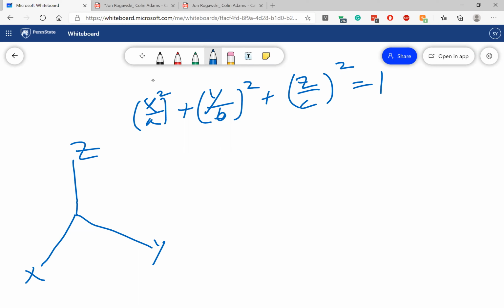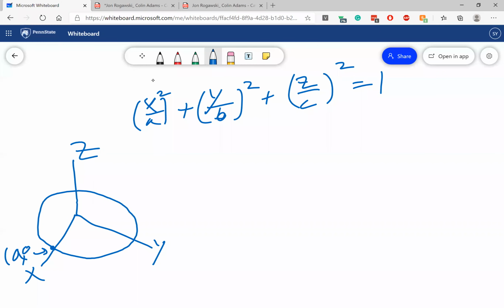So you think about this line getting smushed, and that would be an ellipse over here. So it looks something like this. And this point over here would be the point A, 0, 0.